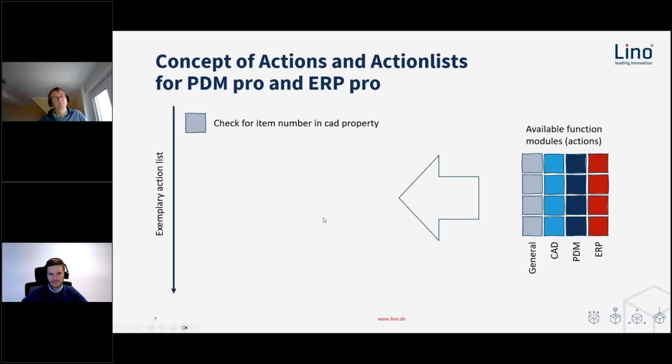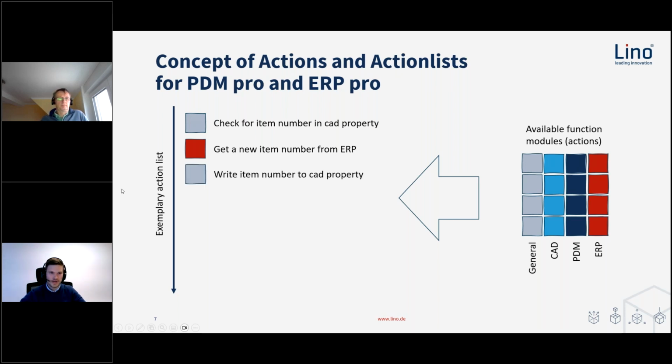So let's have a look at a very simple action list as an example. In this process, the system first checks whether an article number already exists in the file properties. If not, a new article number is reserved by the number generator of the ERP system and added to the properties. Then a STEP model, for example, of the active design is generated and saved in the PDM system.